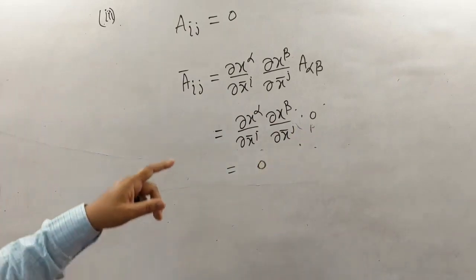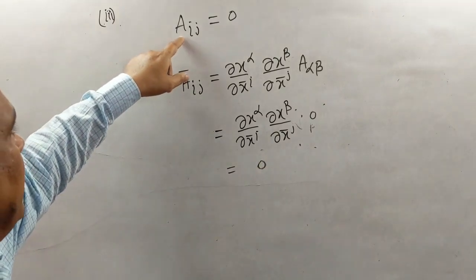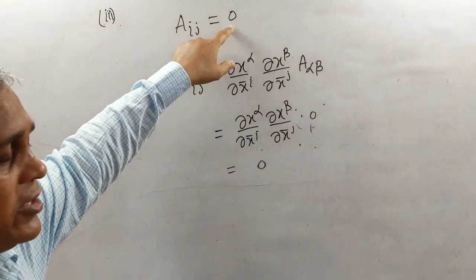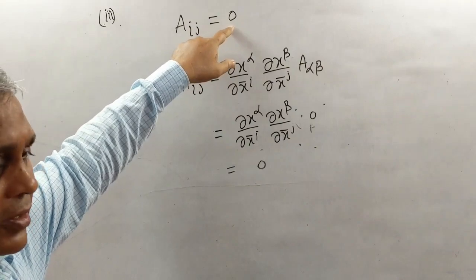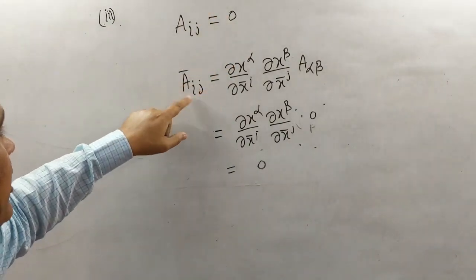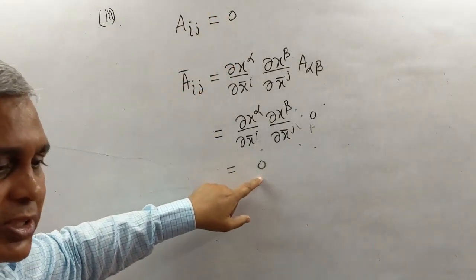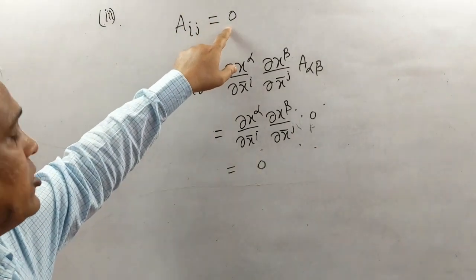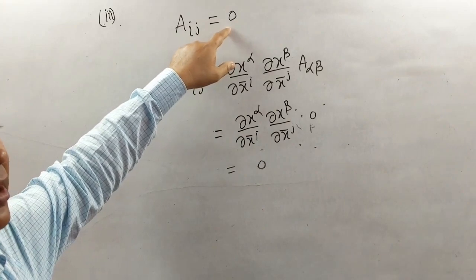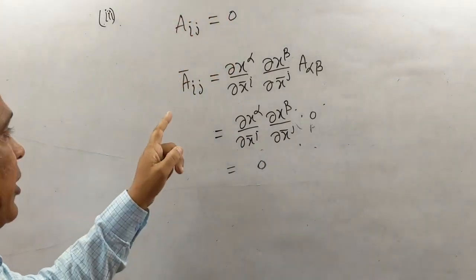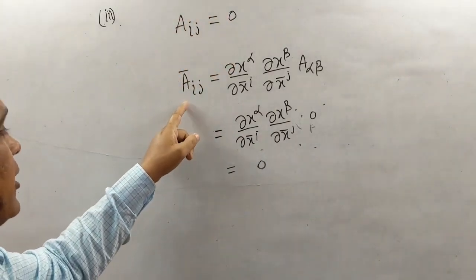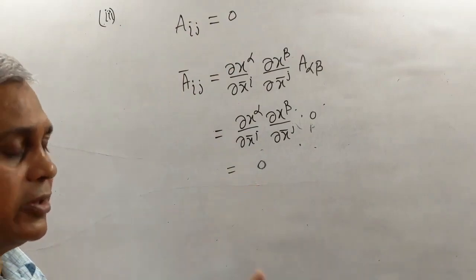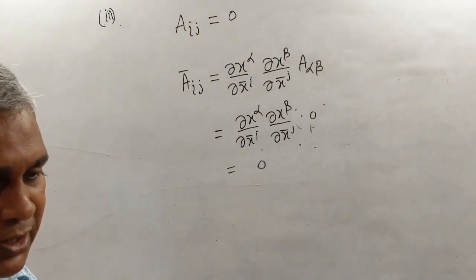So if Aij equal to 0 in X system of coordinates, then A bar ij is also 0 in X bar system of coordinates. That is, a tensor vanishes in X system of coordinates, then it vanishes in X bar system of coordinates, that means any system of coordinates.